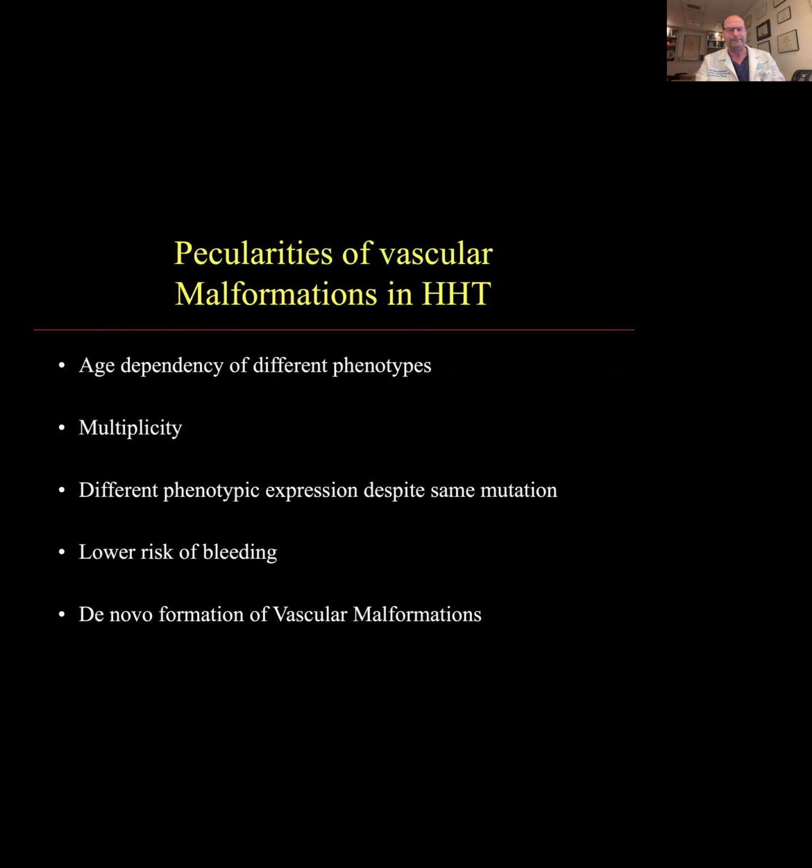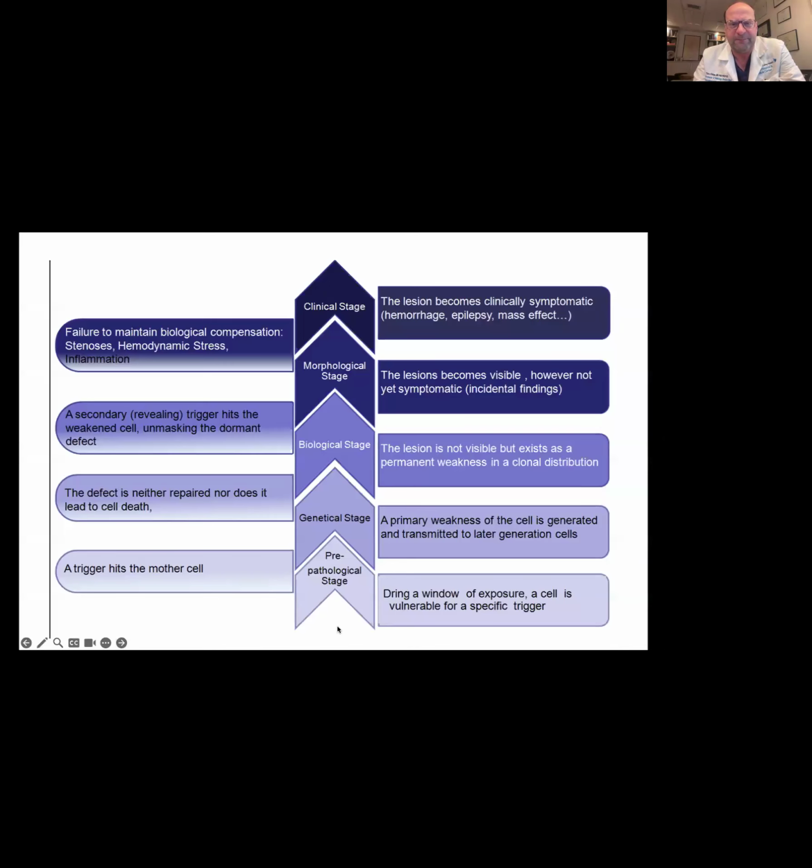The last peculiarity that I would like to discuss, before we go into the management, is the de novo formation of vascular malformations. And here, the important understanding that we have is that brain vascular malformations go through different stages.